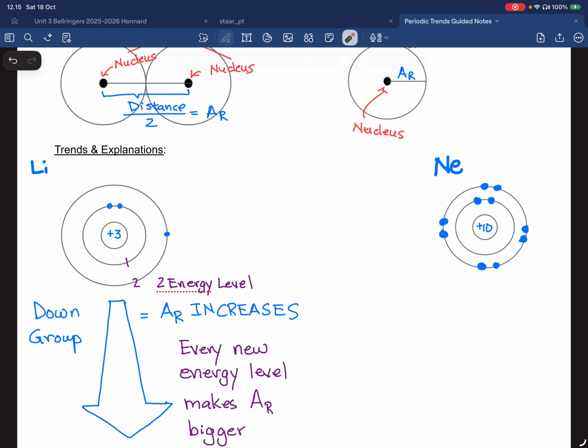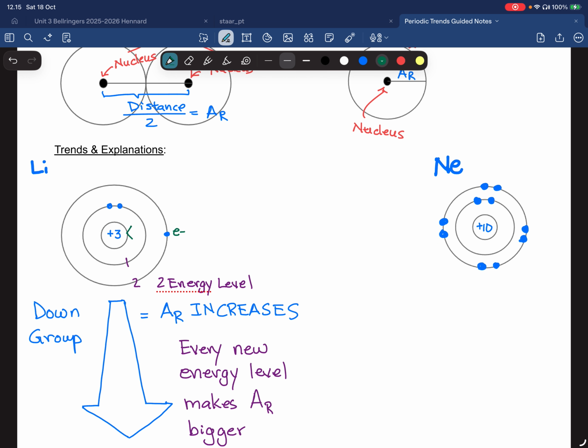So, you have a negative electron right here, and that means that there is a force of attraction between these two things. They are attracting one another. Now, because you have only a +3, you have a relatively small attractive force.